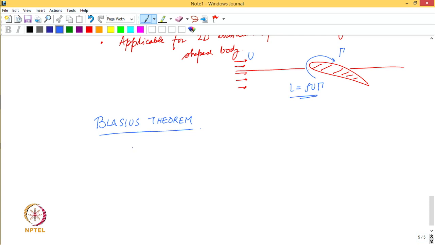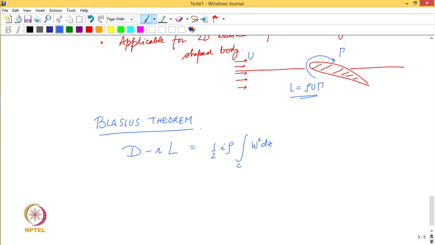Now, the Blasius theorem says that d minus iota L is given as half iota rho times the integral of w square dz, where the integral is around the specific body that is under consideration.